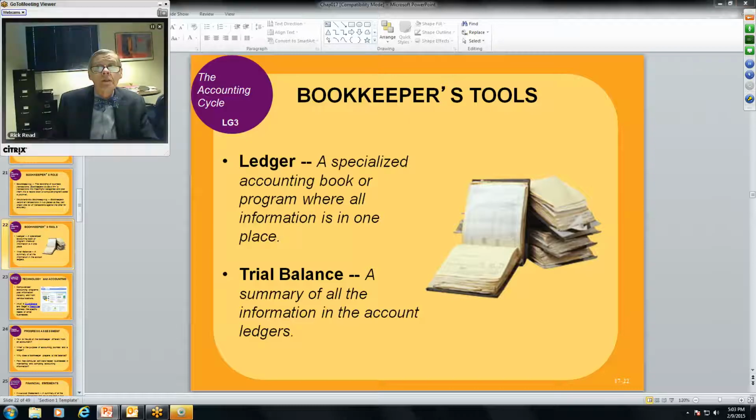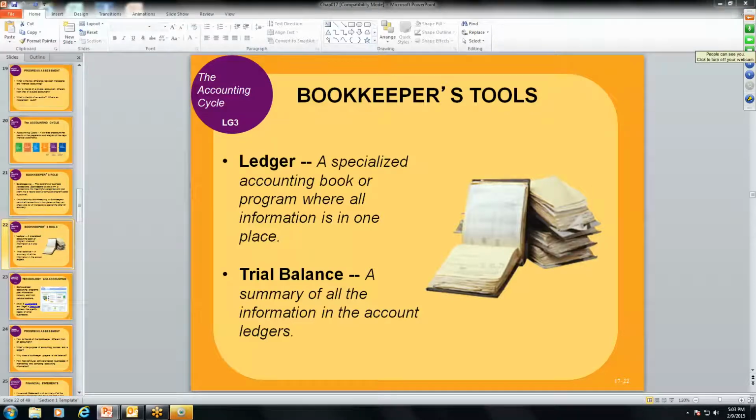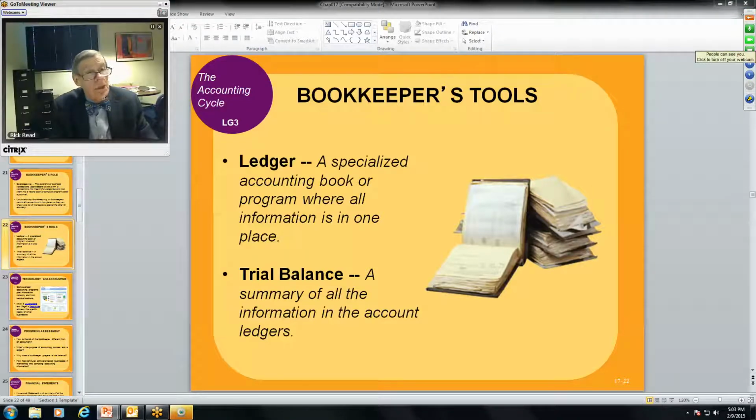And then here's what the accountants, bookkeepers use. They use a ledger. And then, again, they'll do this trial balance, which is, notice here, it summarizes the information in the account ledgers to see where the company stands at a specific time. Could be day, could be week, could be month, could be quarter. And some of it's done all along.